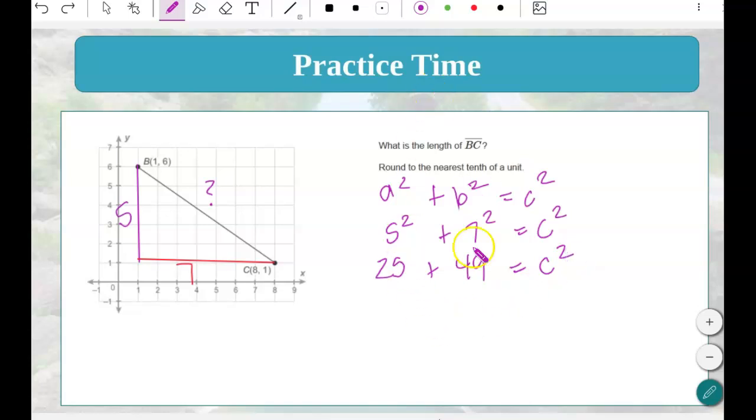You add those together and it's 74 is C squared. So C is going to be the square root of that. Use your calculators. We're going to do second x squared, 74. It comes out to approximately 8.60, and since it says to round to the nearest tenth, it's going to be 8.6.